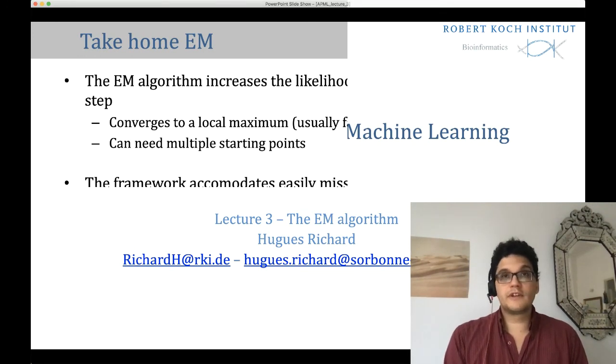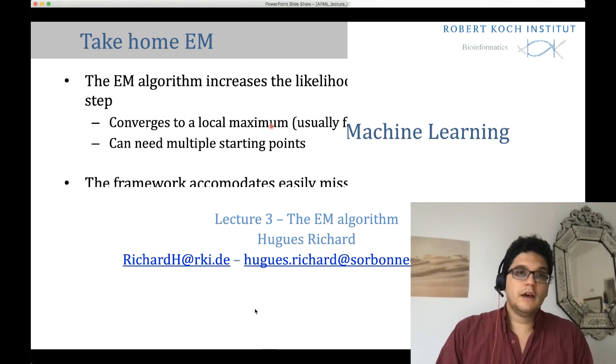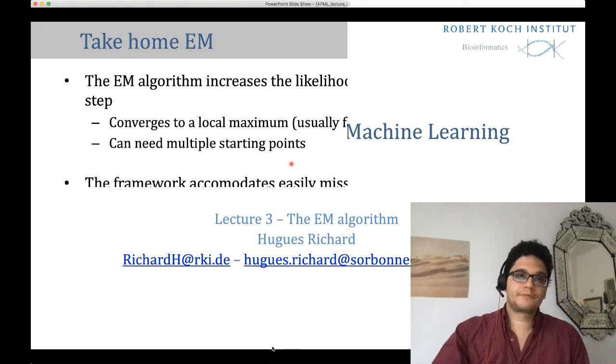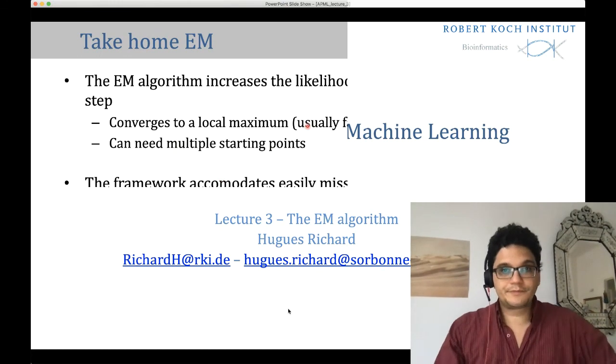And usually, when the number of parameters is not too big, the convergence is relatively fast. But we are converging to a local maximum, so the initialization of the parameters is important, and we may need to do multiple random starting points.